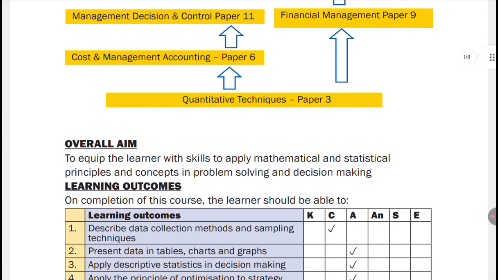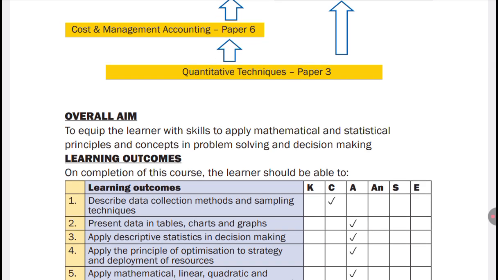So the overall aim is to equip the learner with the skills to apply mathematical and statistical principles in problem solving and decision making.